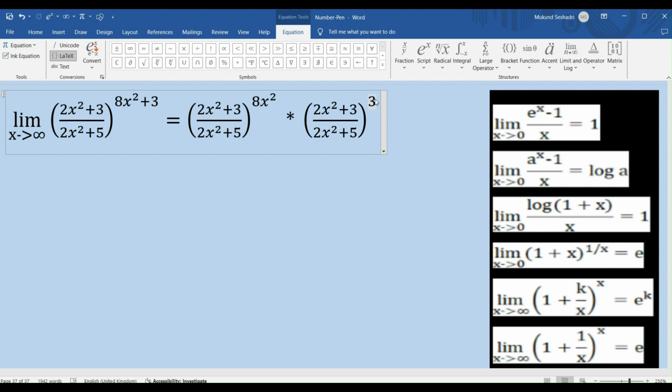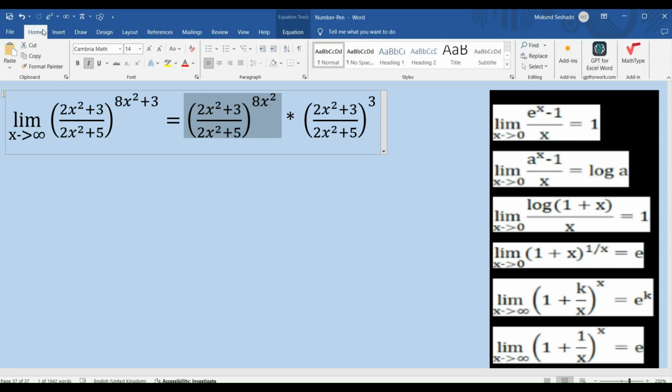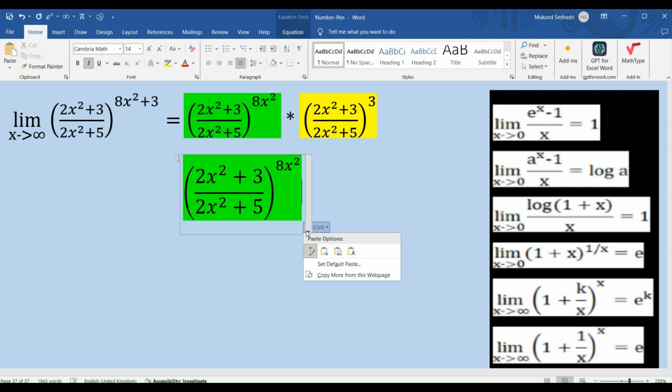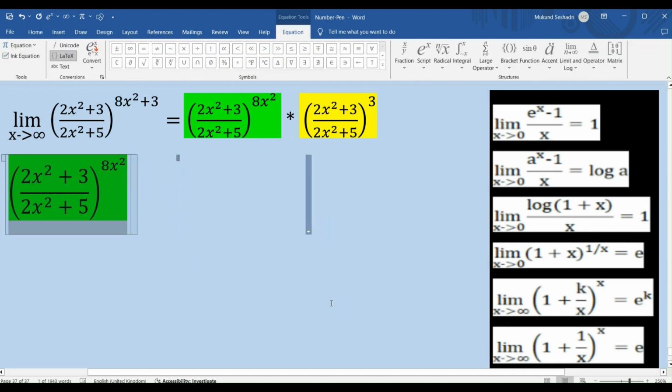So we are writing this as two independent expressions, and let's solve the first part of the equation, right? So let me pick up this. I'm going to highlight this in green, and I'm going to highlight this in yellow, right? And let's pick up the green part of the problem and write this out here.